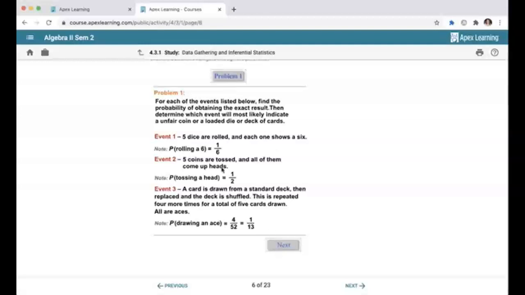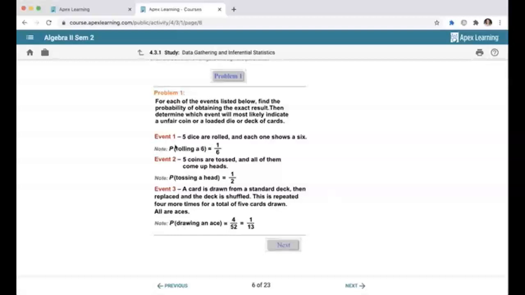Event 1 is 5 dice are rolled and each one shows a 6. The next one is 5 coins are tossed, and all of them come up heads. And event 5 is a card is drawn from a standard deck, then the card is replaced or the deck is shuffled. This is repeated 4 more times for 5 cards, and they're all aces.